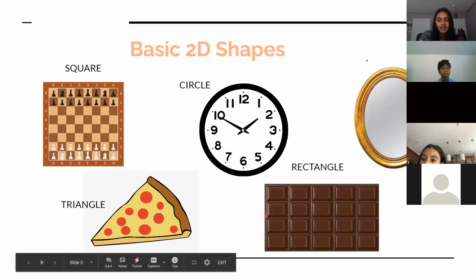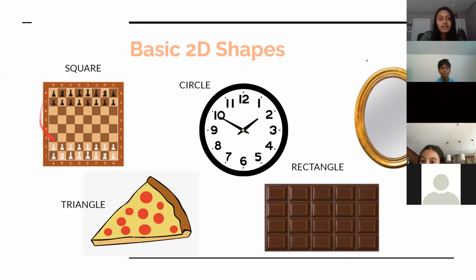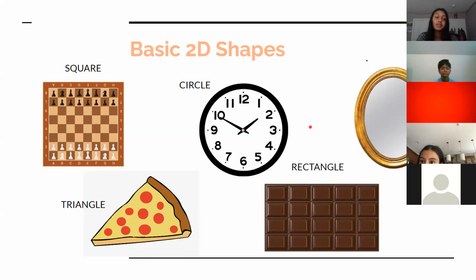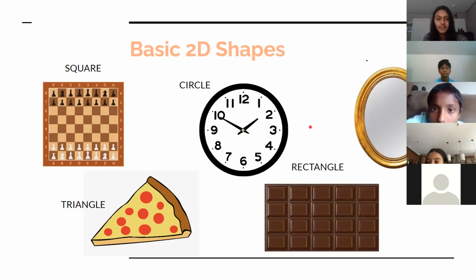And then we have a rectangle with two sides that are equal and the other 2 sides are equal, right? And all the angles are 90 degrees. Now, a cool fact is actually that squares are also a type of rectangle, right? Because the 2 opposite sides are the same. So that means that squares are also rectangles.